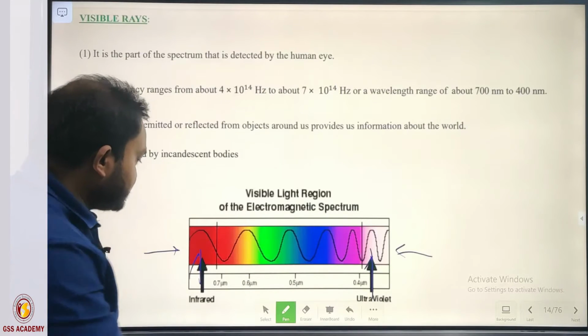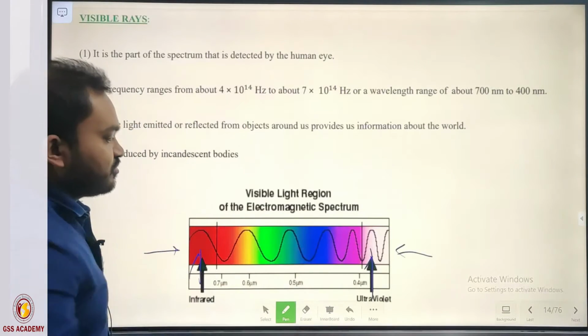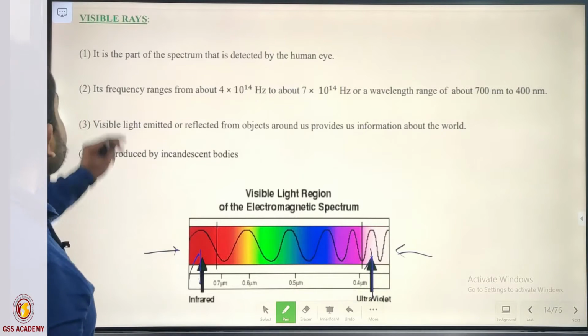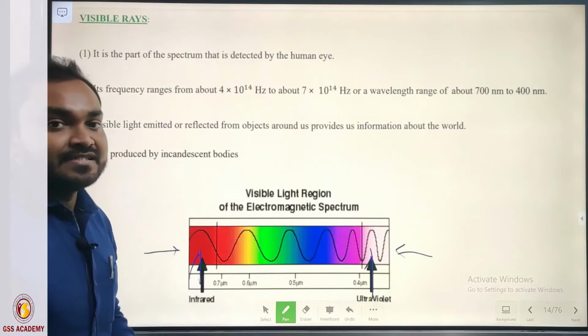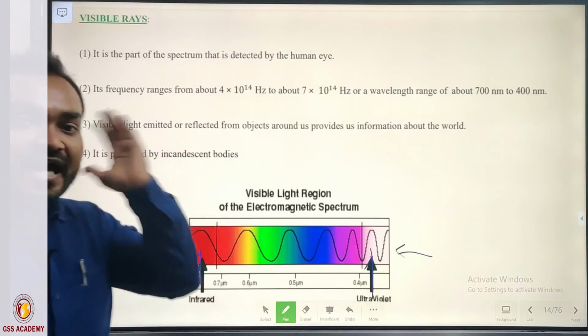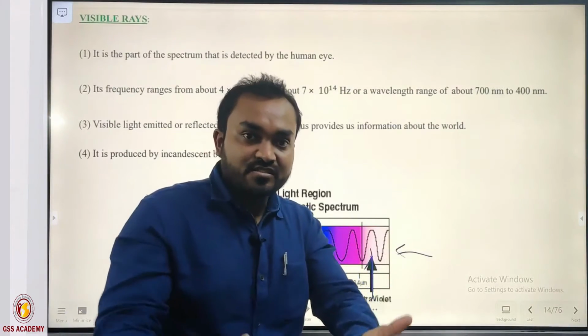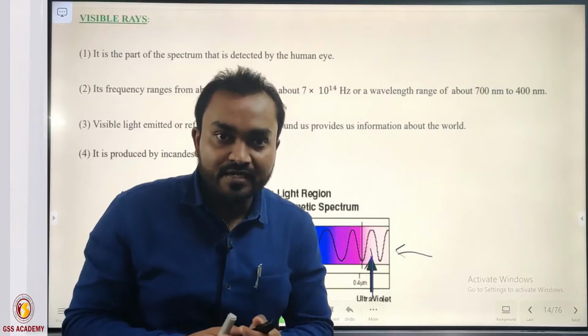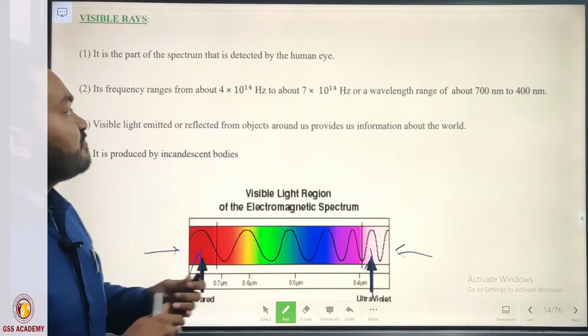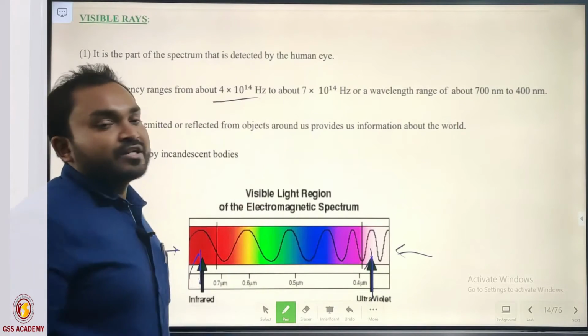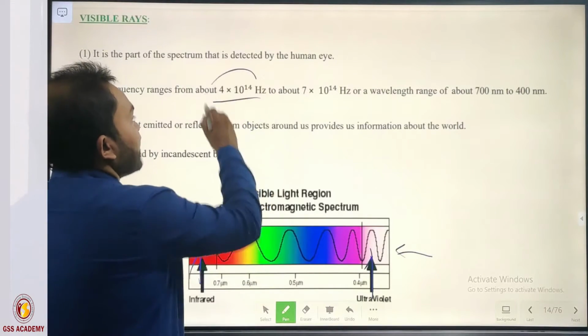These are basically your wavelengths. So it is the part of the spectrum that is detected by the human eye. Human eye can detect this band, that's why it is called the visible band, and its frequency ranges from 4 into 10 to the 14 hertz.